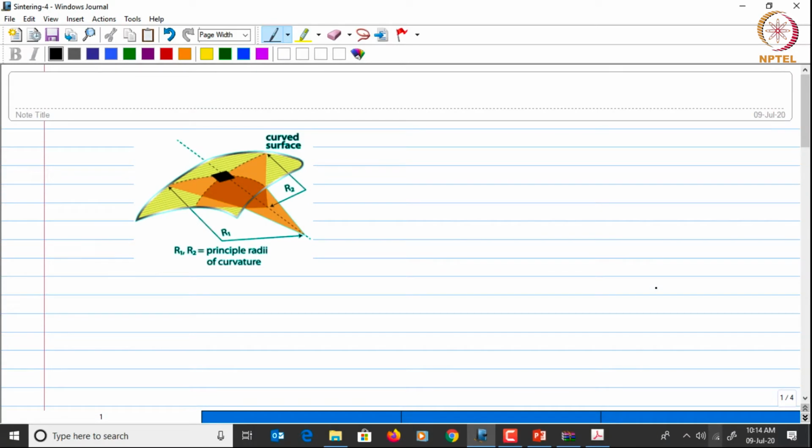So we derived this Young-Laplace equation, which basically talks about the stress on a curved surface. The stress sigma on a curved surface is related to the radii of curvature and the surface energy.